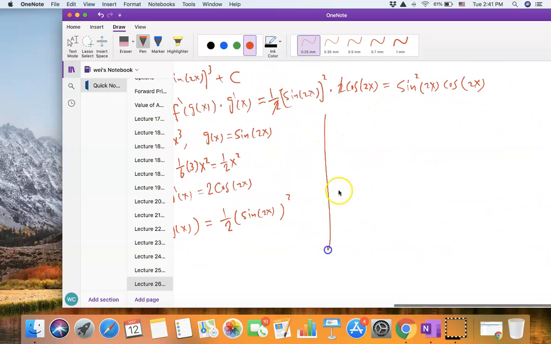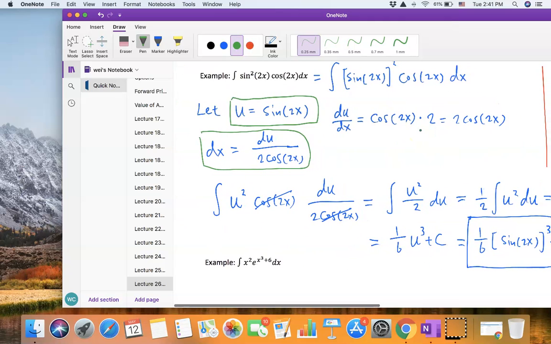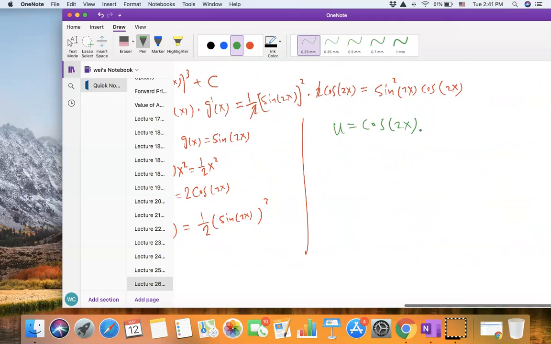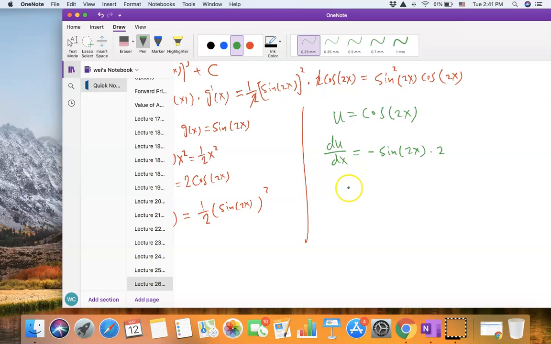If u is cosine of 2x, then du over dx is negative sine of 2x times 2. So dx is du over negative 2 sine of 2x.